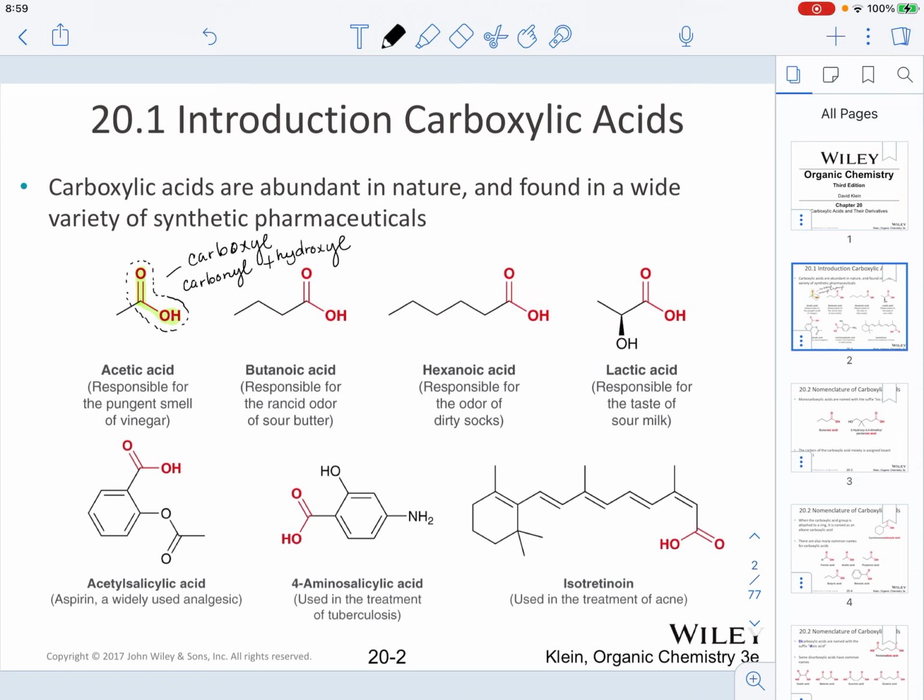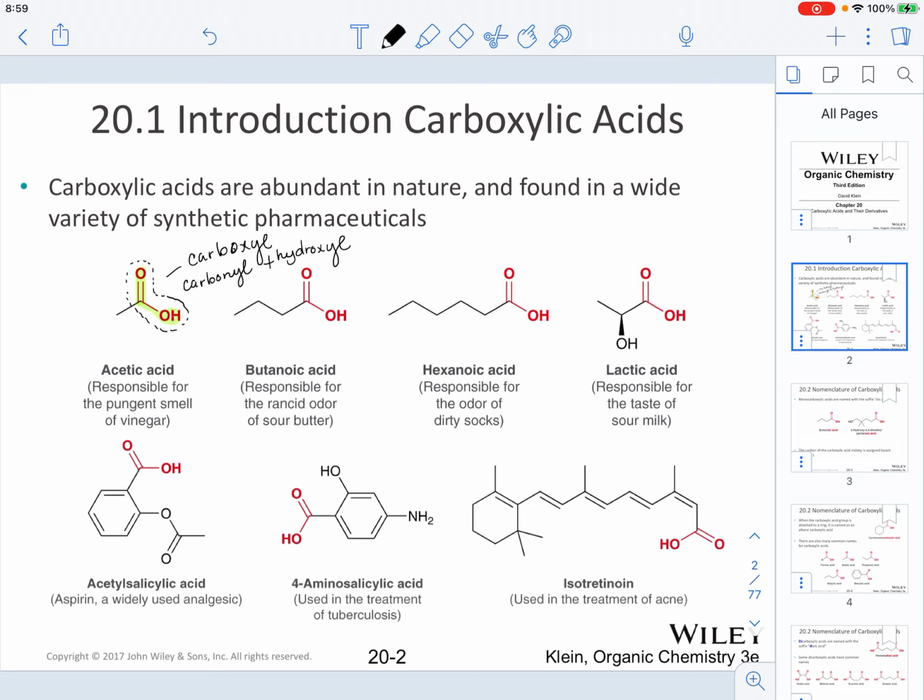Now, carboxylic acids are abundant in nature and found in a wide variety of synthetic pharmaceuticals. For example, acetic acid is the molecule responsible for the pungent smell in vinegar. Butanoic acid is responsible for the rancid odor in sour butter. In dirty socks, the molecule detected by your nose is hexanoic acid.